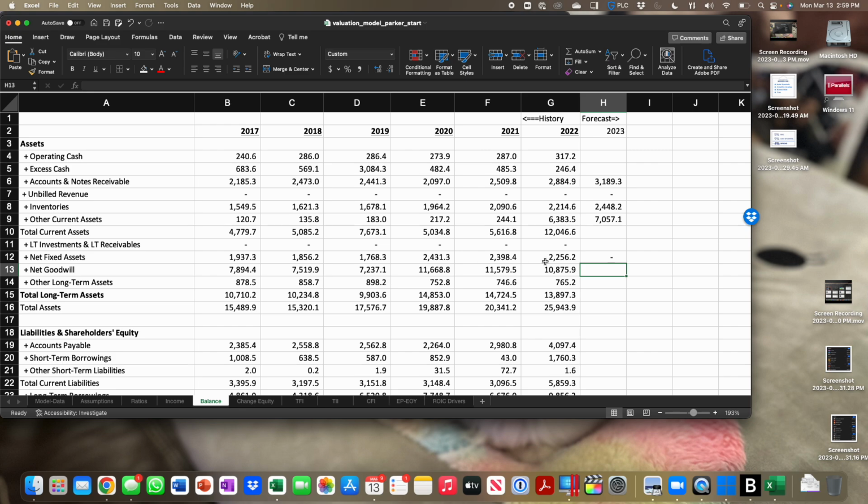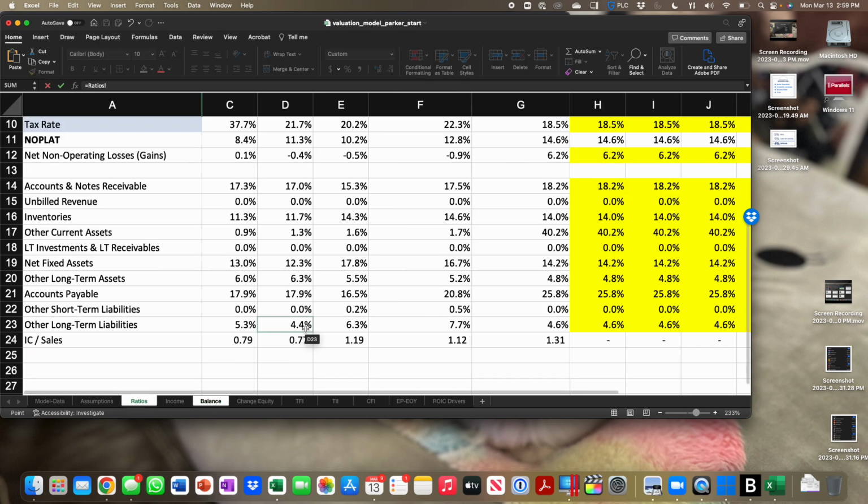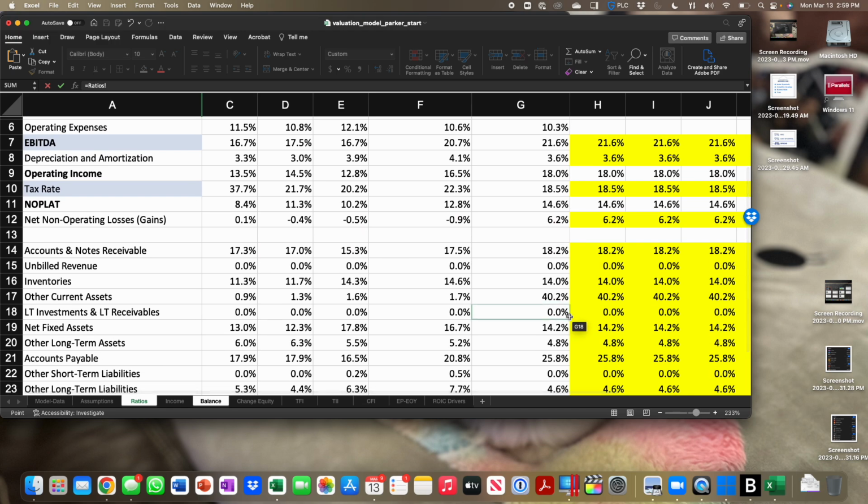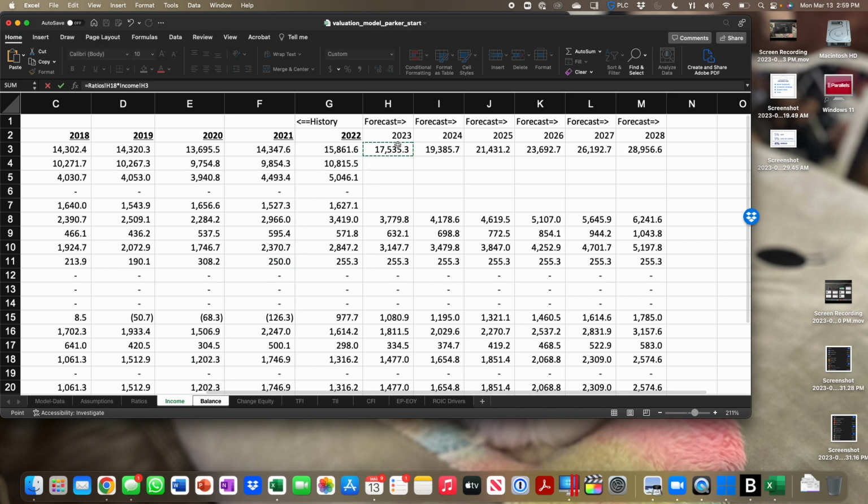Next, we have other long-term assets, which is row 14 on the balance sheet, equals ratios H, just make sure I'm doing the right one. Long-term investments H18 times income H3.